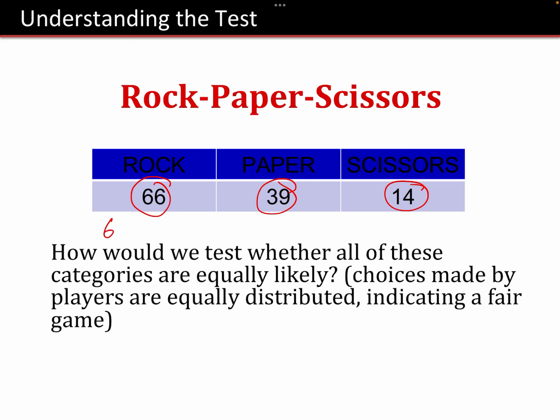So let's take 66 plus 39 plus 14. If we add this up, you should get 119. So that would be 119 games played between two players, and it seems like more rocks came out in the game.